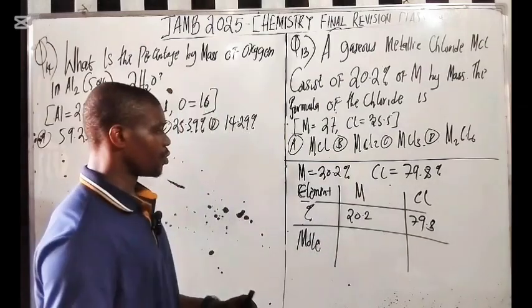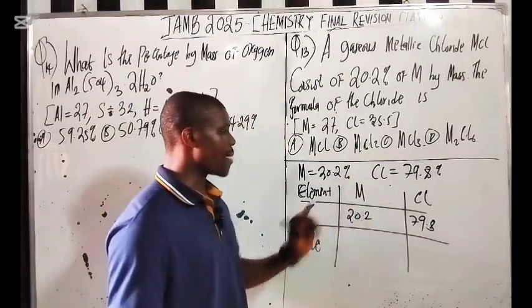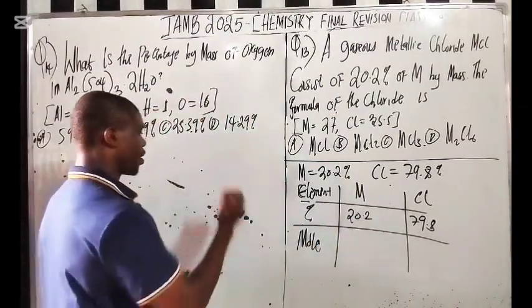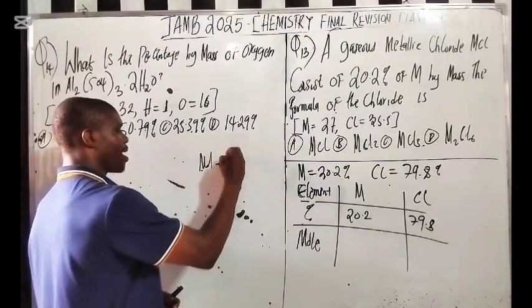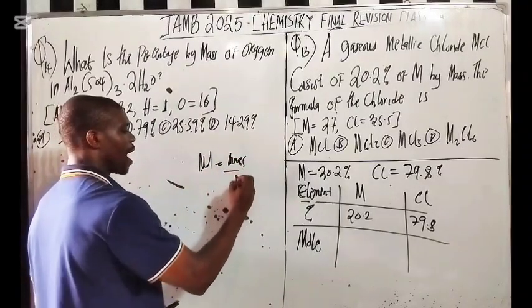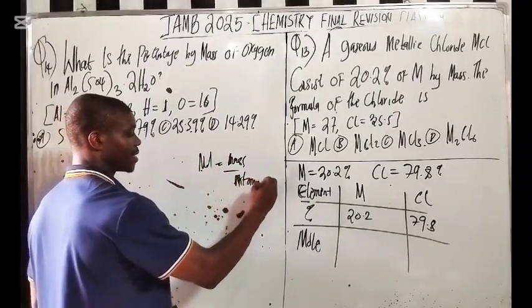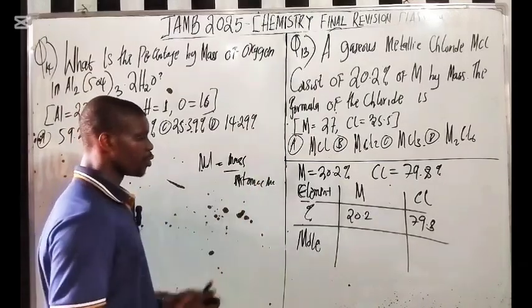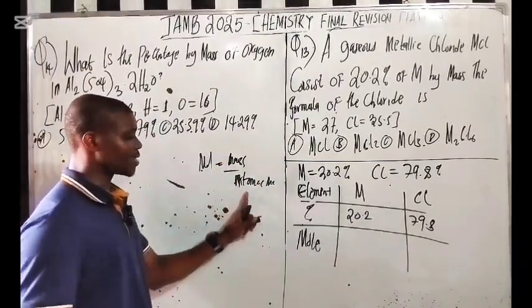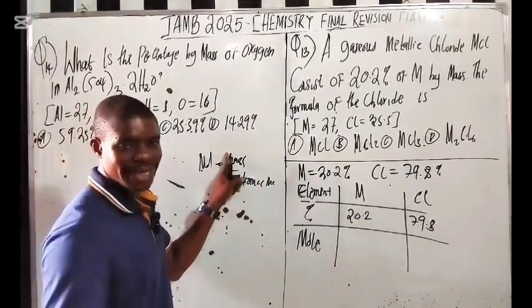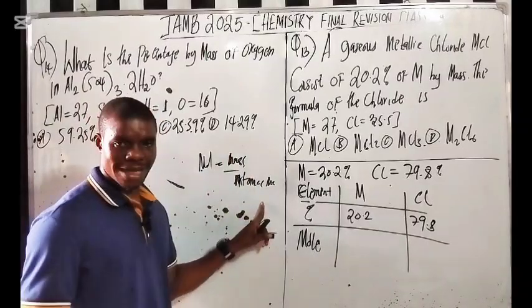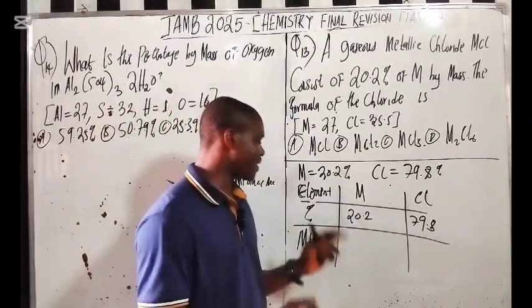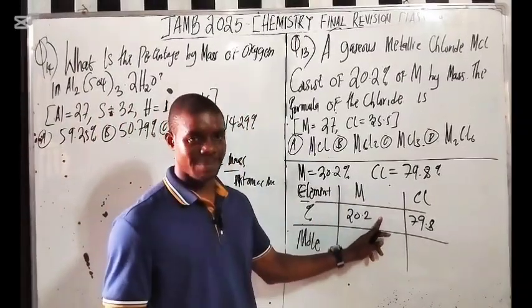So how do you calculate the mole? Remember, when it comes to chemistry calculation, mole is equal to mass over atomic mass or molar mass of the element. They give us percentage by mass, so we use it as the mass.